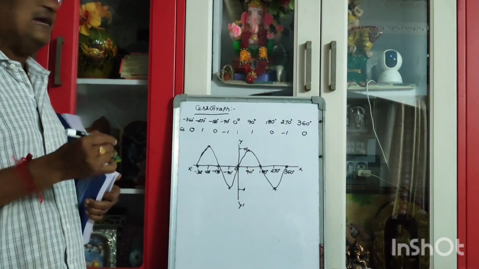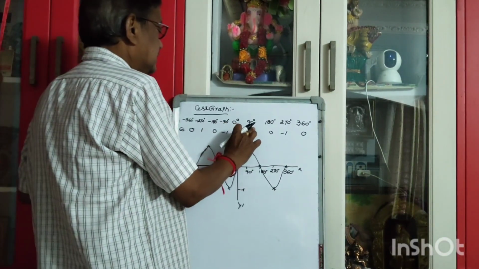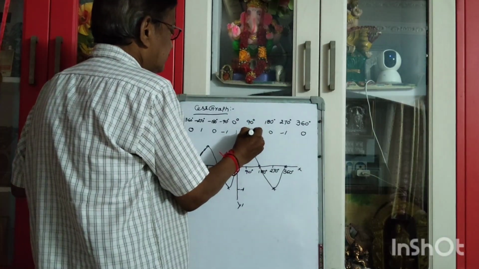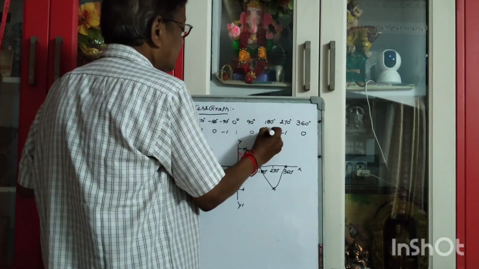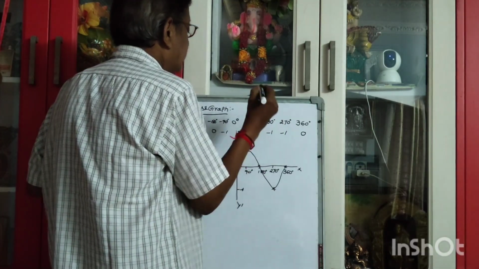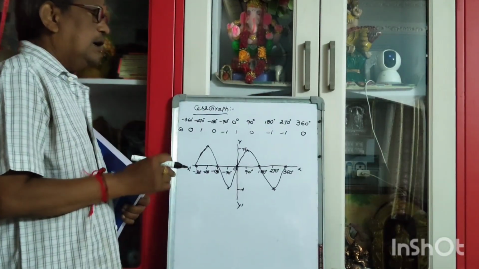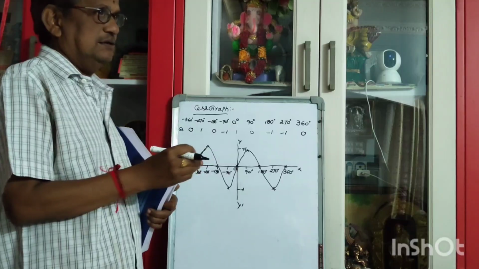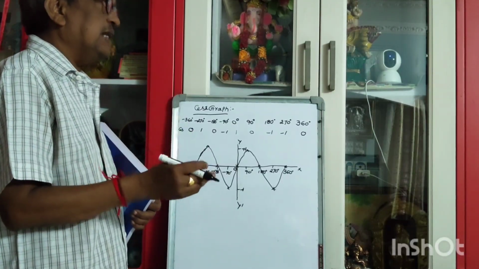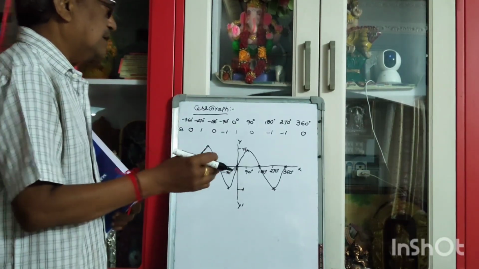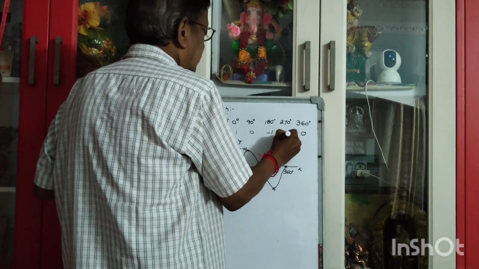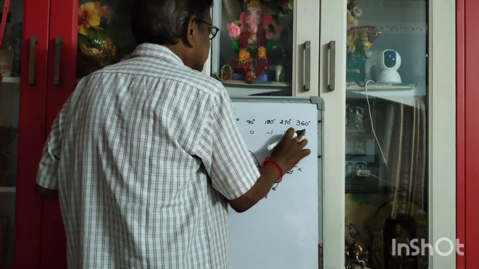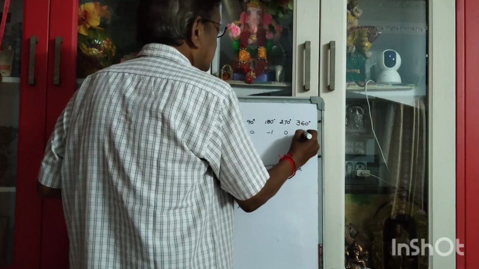Cos 90 degrees, 0. Cos 180 value, minus 1. Cos 270, 180 plus 90, minus cos 90, 0. Cos 360 degrees value plus 1.